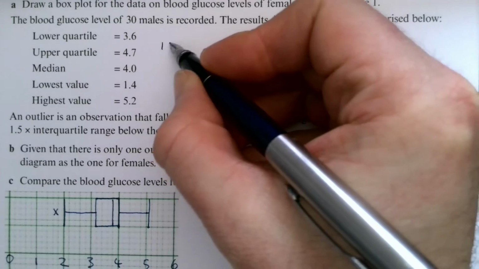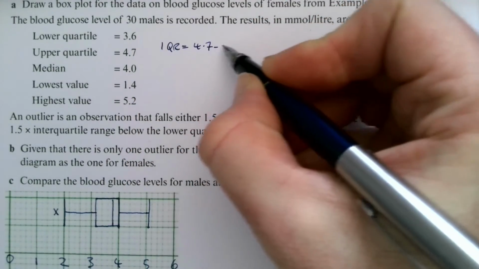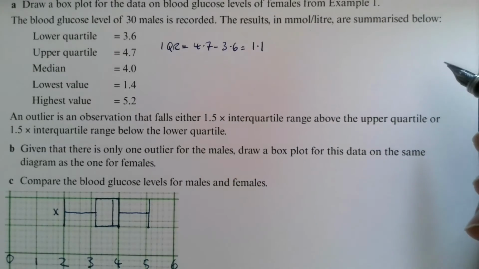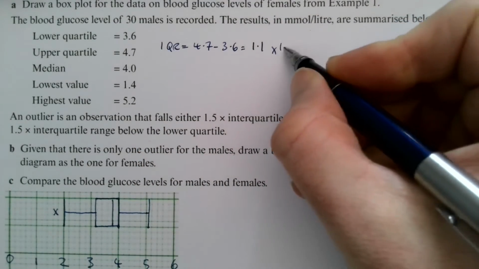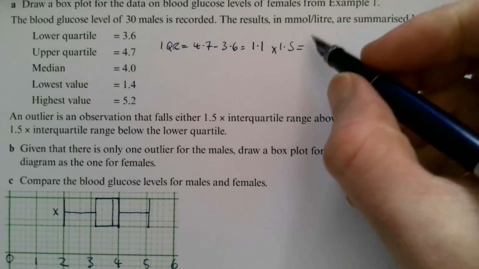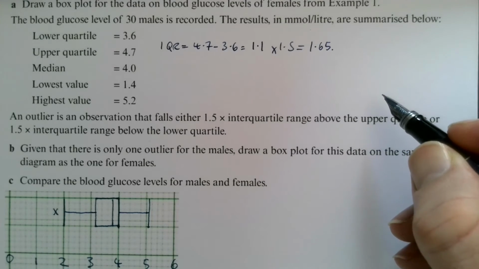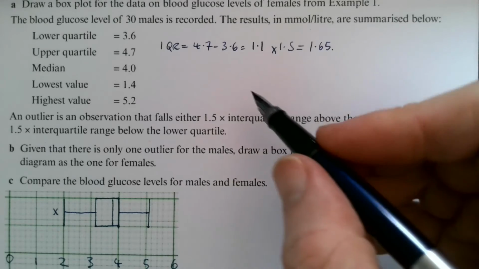So the IQR is going to be the upper quartile, take the lower quartile, which is 1.1, and then the 1.5 times that is 1.65.